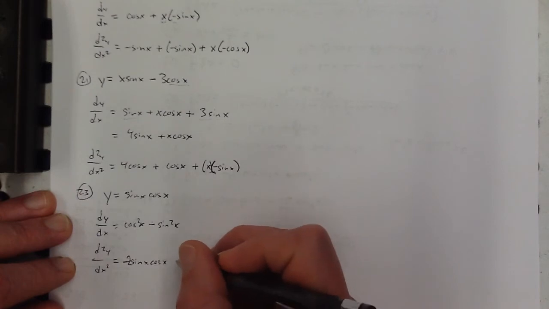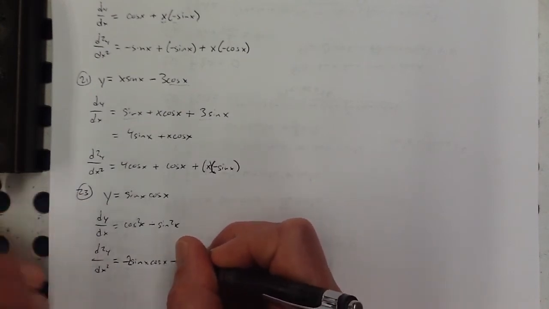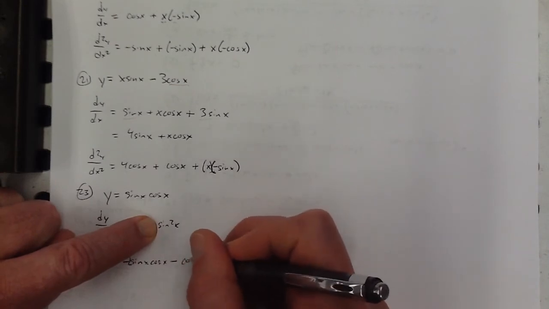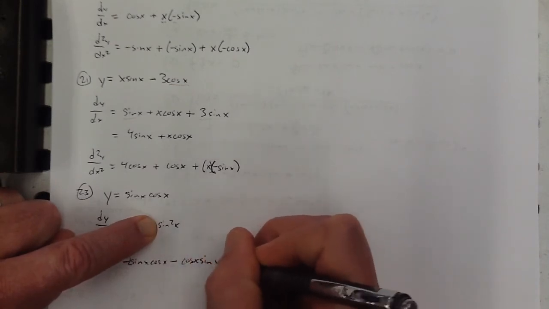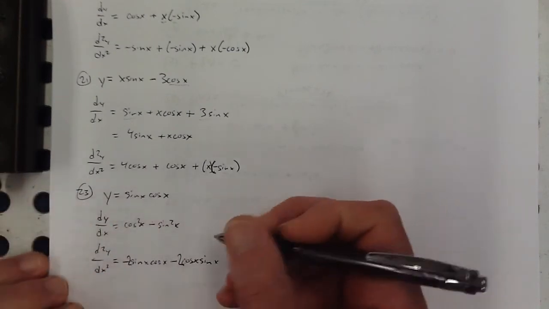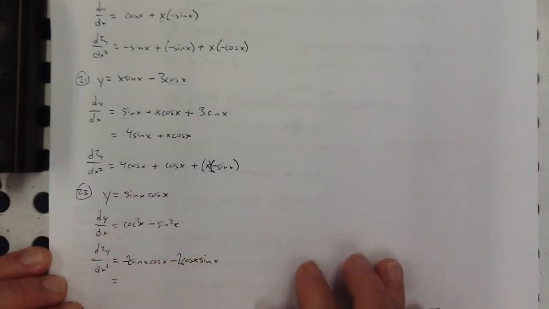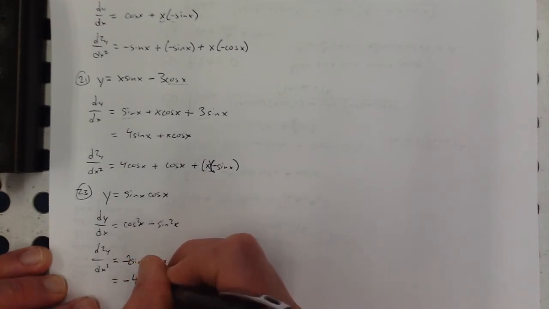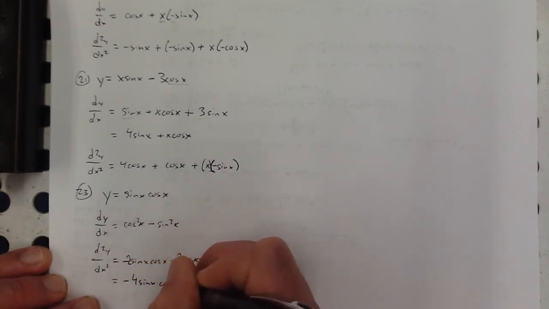And then here I have minus, and then sine x times sine x. The derivative of the first is cosine x times the second, and they're both going to be the same. So I end up with, looks like 4 of those, minus 4 sine x cosine x.